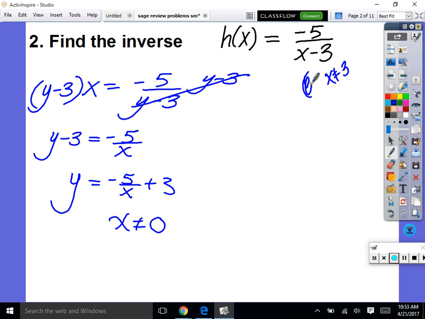And then you see how down here, our restriction is 0? But it can equal 3 down here, and it will equal 3 down here. So we won't state that one, because if we were to graph this, it's all good at 3, right?